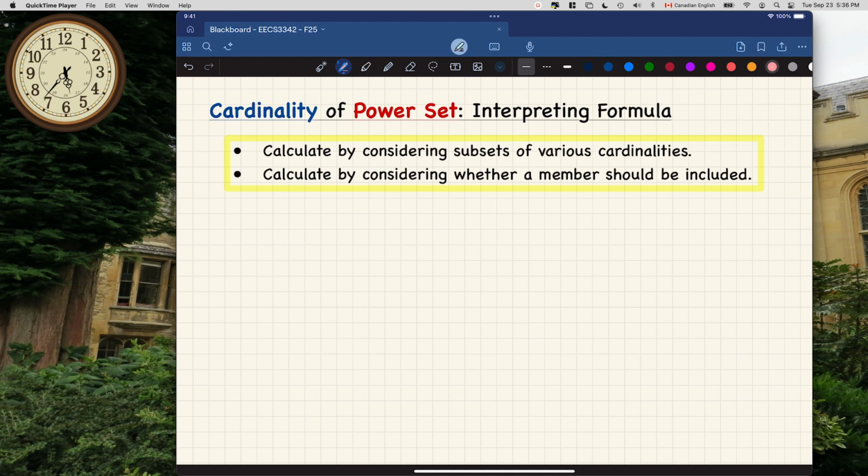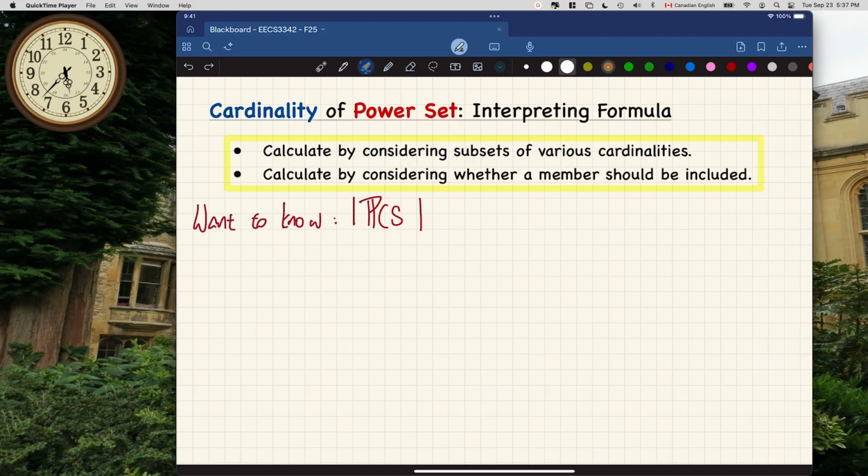So let's say what we want to know is the cardinality of the power set of S. S is any set. We want to compute this. There are 2 ways to compute this. Okay, they are equivalent to each other.